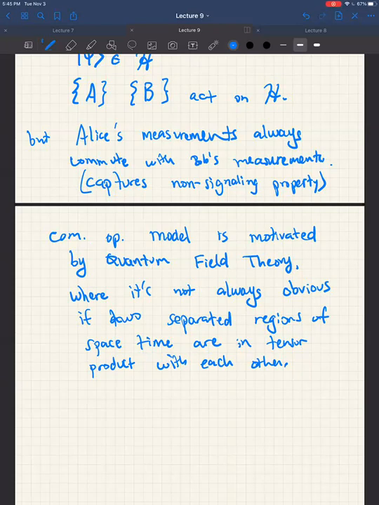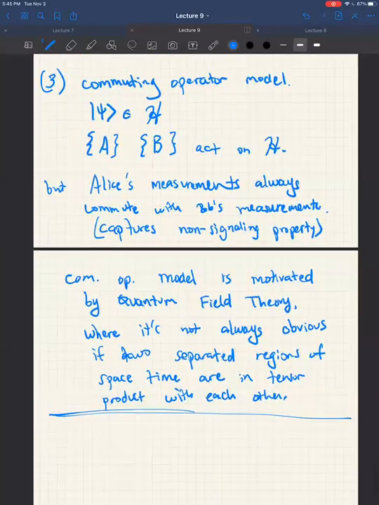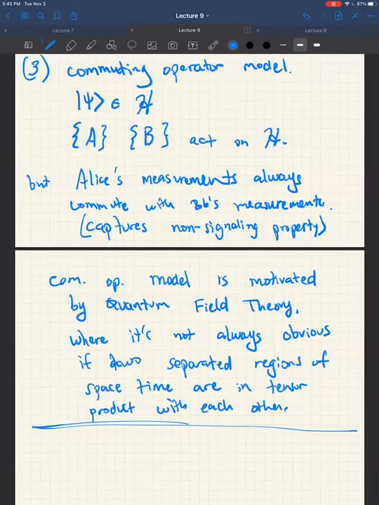And so this is where the commuting operator model comes from. Given this, there are now more fine-grained distinctions between these models, and we can go back to non-local games and ask: does it make a difference if we choose strategies from any one of these models?